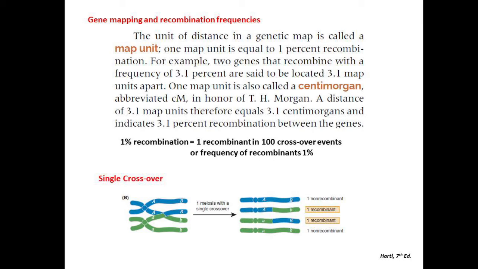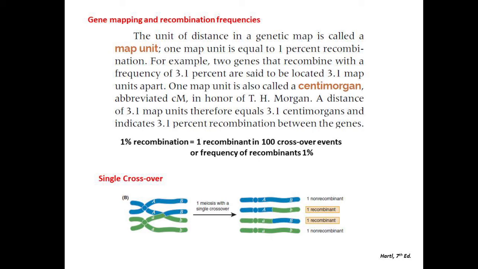For example, two genes that recombine with a frequency of 3.1% are said to be located 3.1 map units apart. One map unit is called a centimorgan because Morgan gave this kind of definition after gene mapping experiments. So centimorgan is equal to map unit.